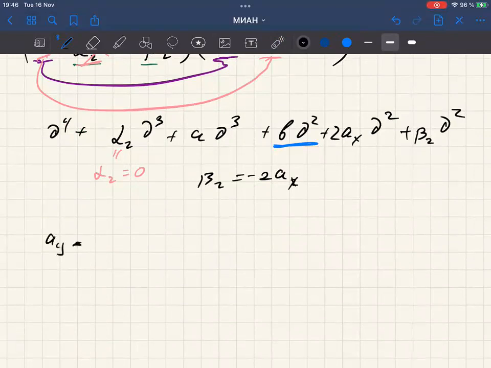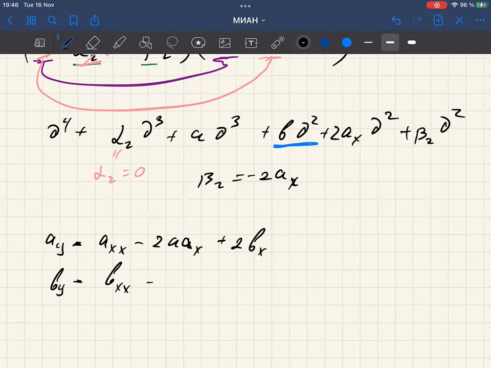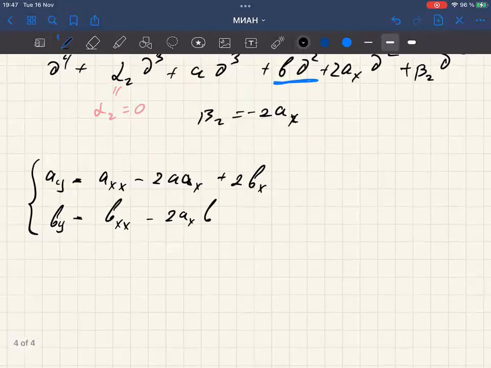A gamma equals AXX minus 2AX 2BX. B gamma equals BXX minus 2AXB.